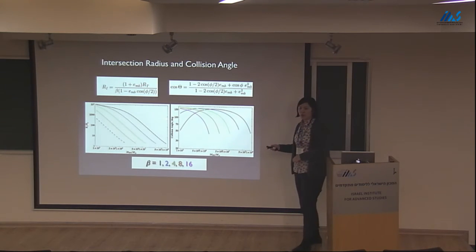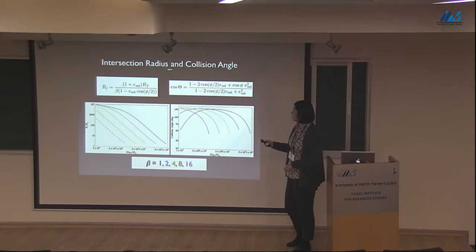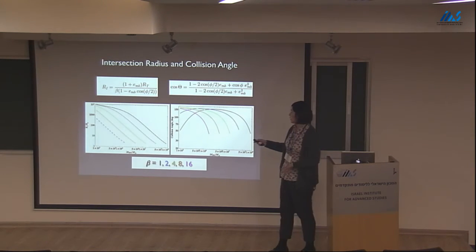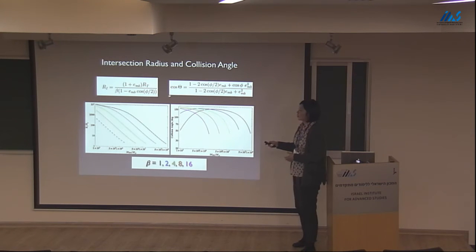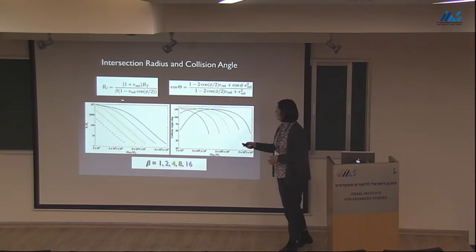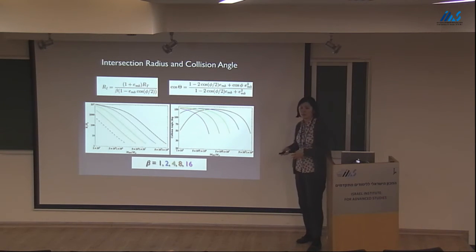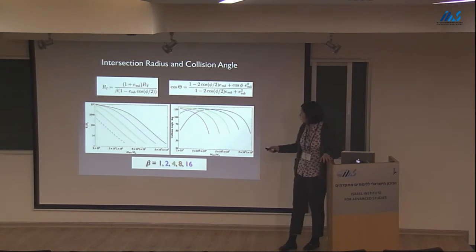And also, we can find the interception radius and the collision angle when the two streams collide. They turn out to be rather simple equations of the eccentricity and other quantities, which are eventually just functions of the mass ratio of the star and the black hole, and also the beta parameter of the stellar orbit.